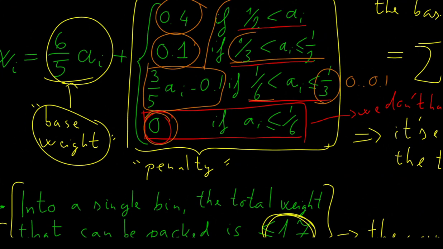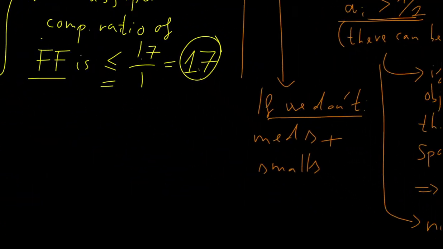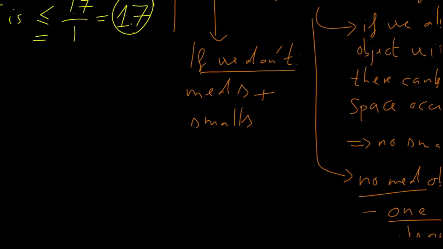The mediums have a size larger than 1 over 3, and the smalls have a size strictly larger than 1 over 6 and at most 1 over 3. This means that the mediums and the smalls have a size more than 1 over 6, which means that we can only have at most 5 of them.